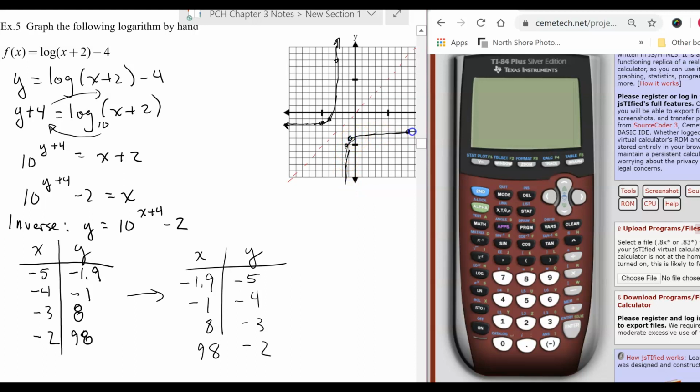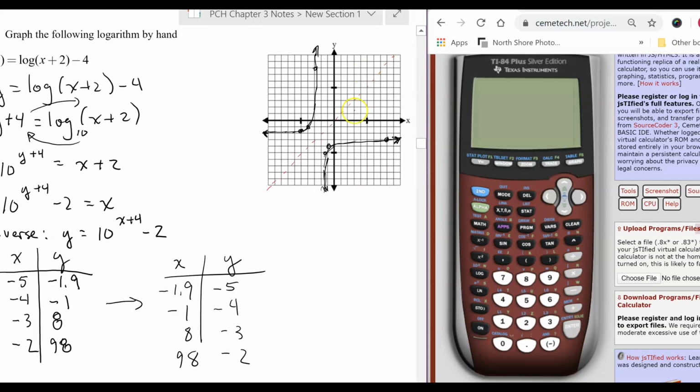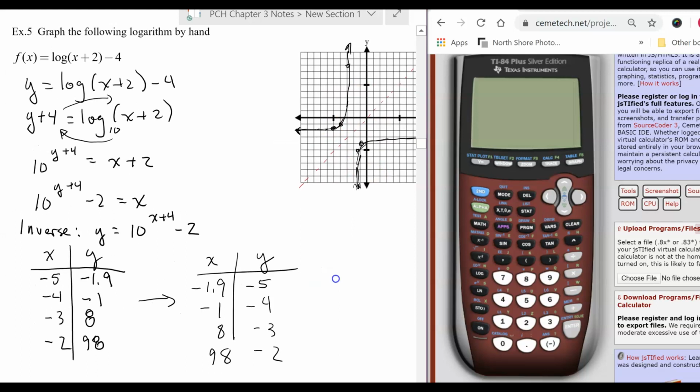Coming over this way. And again, you can see that they're reflections of each other over y equals x. And there's the graph of log of x plus 2 minus 4.